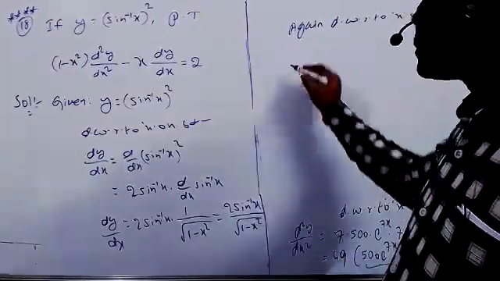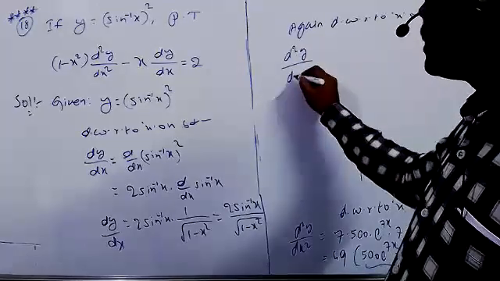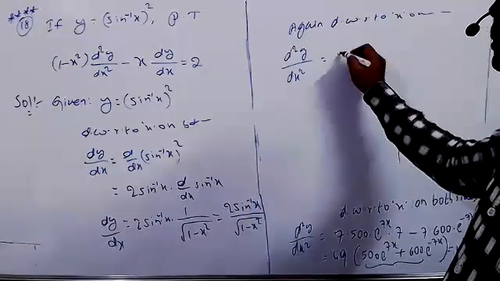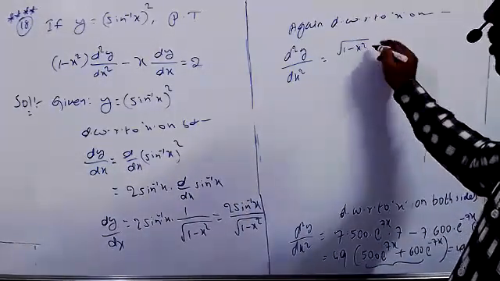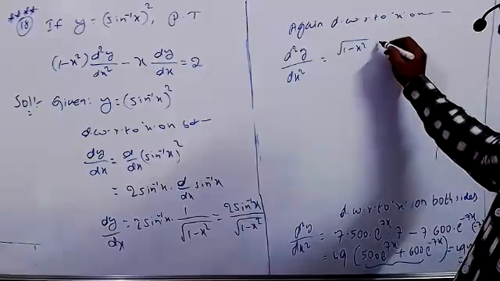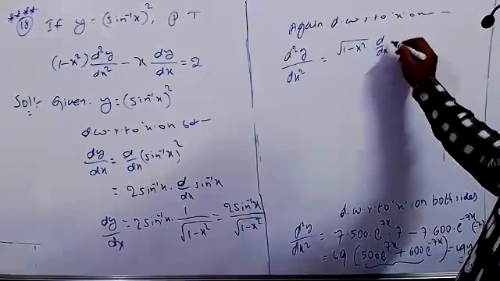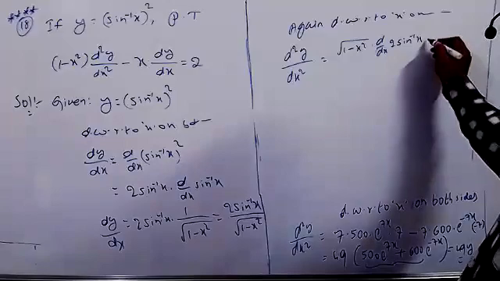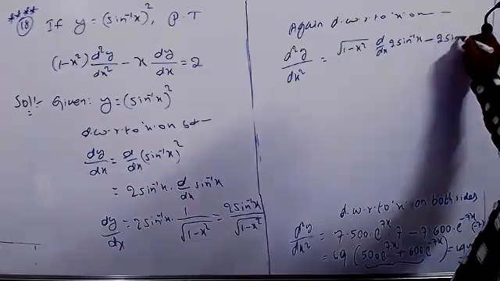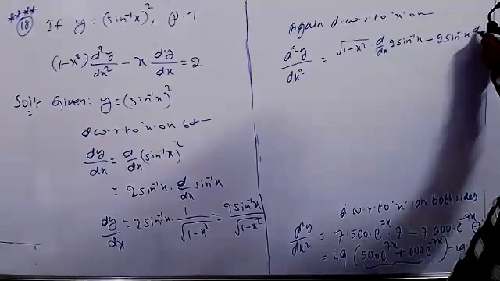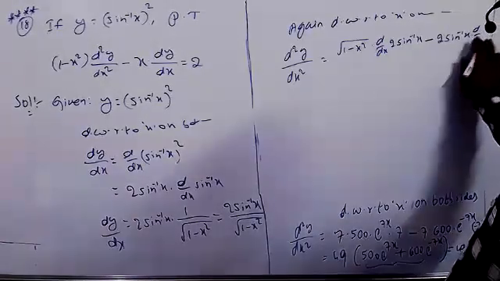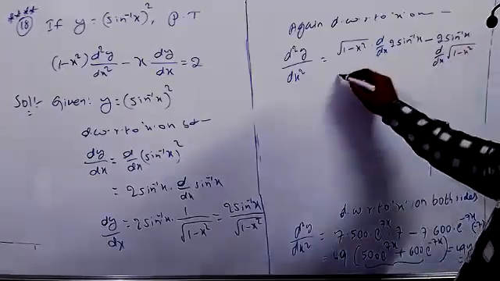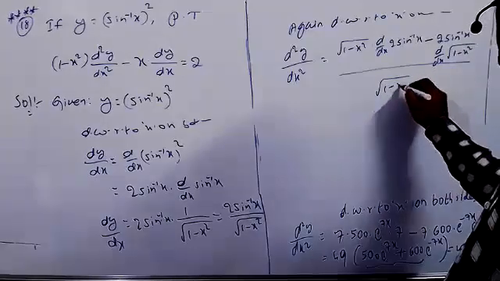So d square y by dx square equals, we can apply u by v now. This is root over 1 minus x square into the differentiation of 2 into sin inverse of x, minus 2 into sin inverse of x into d by dx of root over 1 minus x square, whole by root of 1 minus x square whole square.